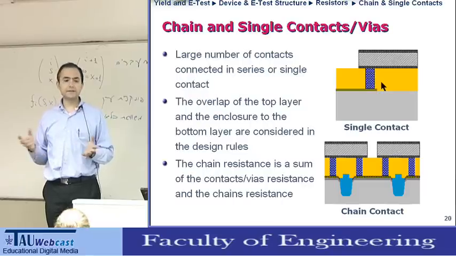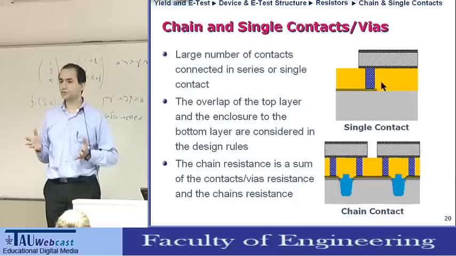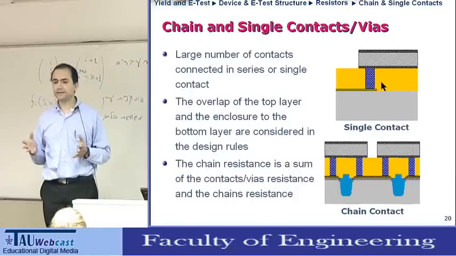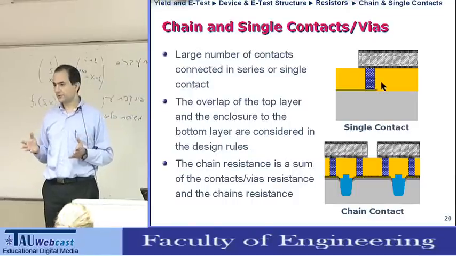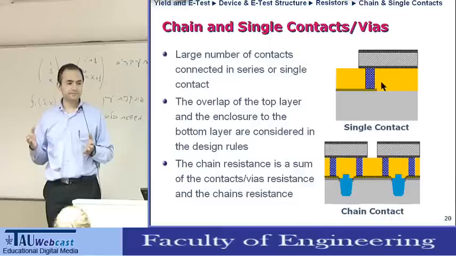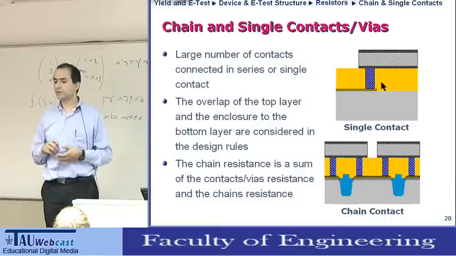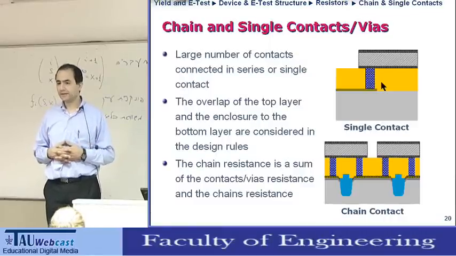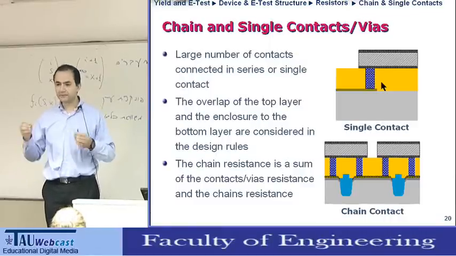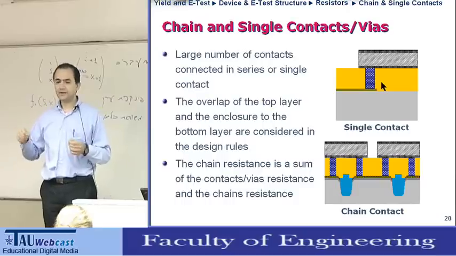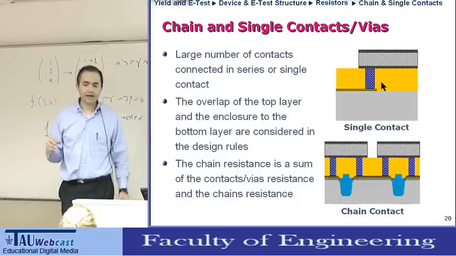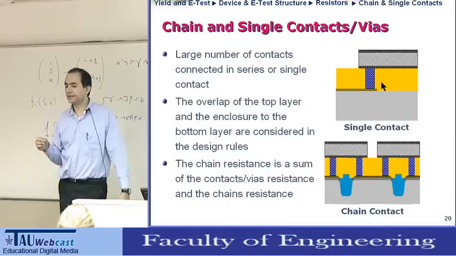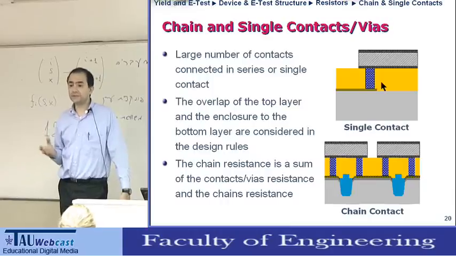But let's assume, on top of that, what we're interested in is to find systematic issues, contacts which are completely open. Now, not every contact will be open, but every 100th contact will have a significant increase in resistance.